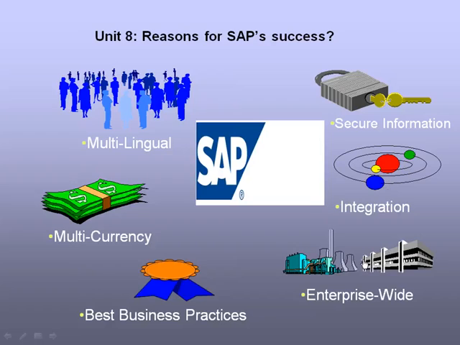And then enterprise-wide solutions. It's not just that SAP provides solutions for material management or for finance. SAP does provide solutions for virtually all the process areas, modules, or applications that a customer will have. So enterprise-wide applications. Once you buy SAP, if you want to implement SAP in all the process areas, you can do so.